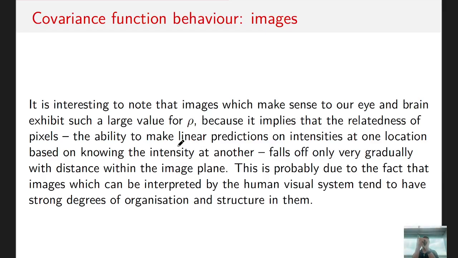So as the distance between the two pixels increases, the covariance value decreases slowly. So generally speaking, in images that make sense to us, there's quite a lot of local correlation between pixels, and that is the basis of being able to do good quality image compression. That is, reduce the amount of data storage that an image requires on disk, or that is required to transmit an image.